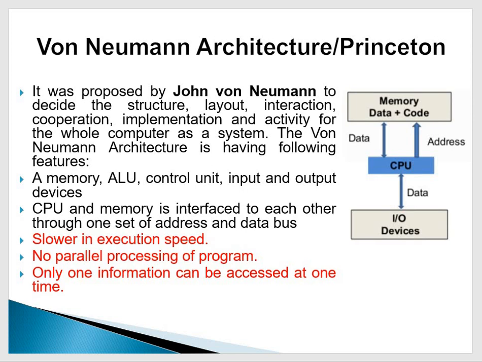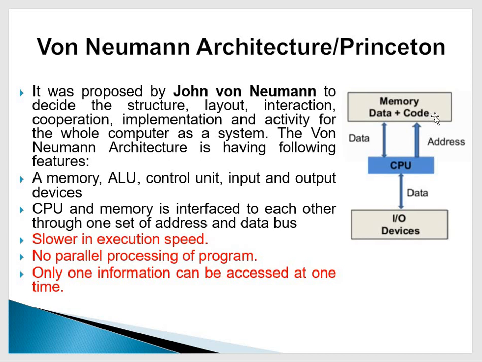So first of all, we will discuss the von Neumann architecture. As we can see from this diagram, the CPU has to be interfaced with the memory and I/O devices. And in memory, two types of memories are always required. One is called code memory. It is also known as the program memory, where we store the opcodes of the program.